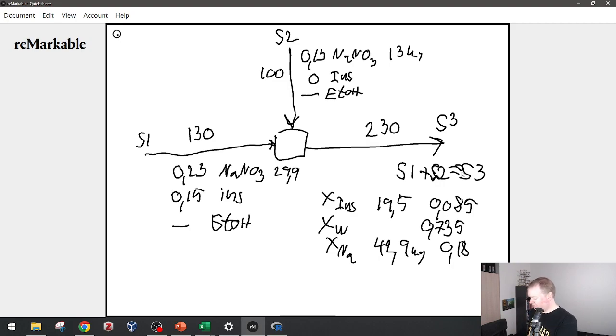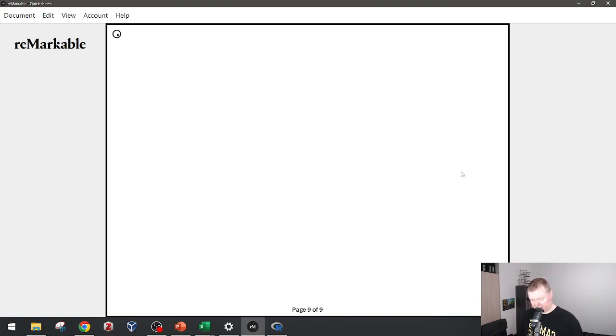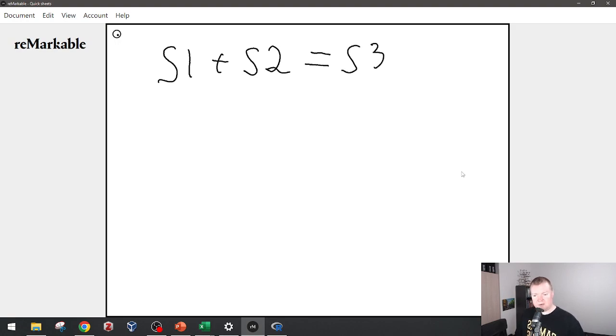In case some of you are not entirely sure what I'm doing in Excel, basically I have the equation that says the total mass of stream 1 plus the total mass of stream 2 has to be equal to the total mass of stream 3.